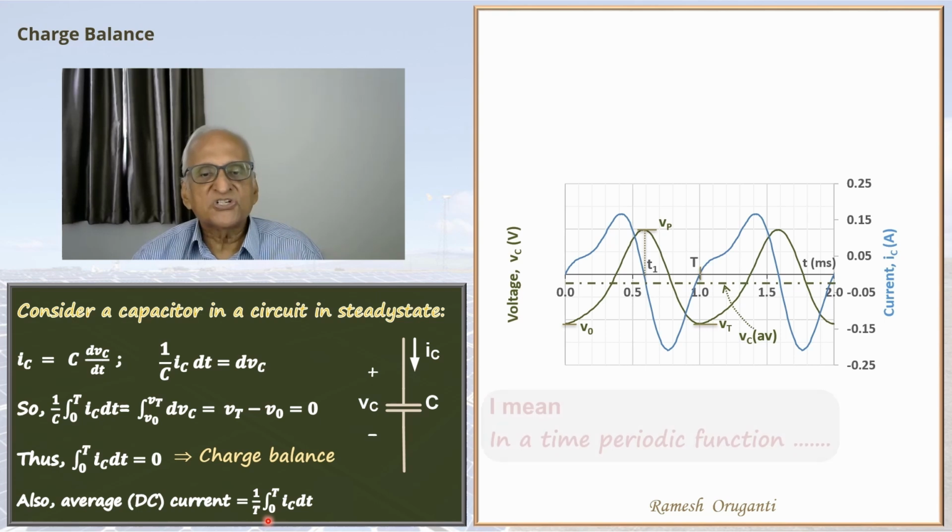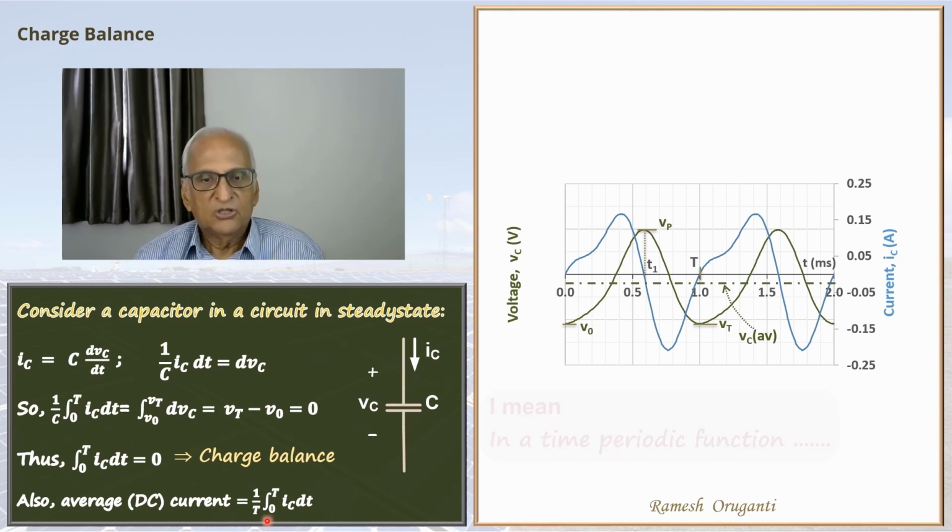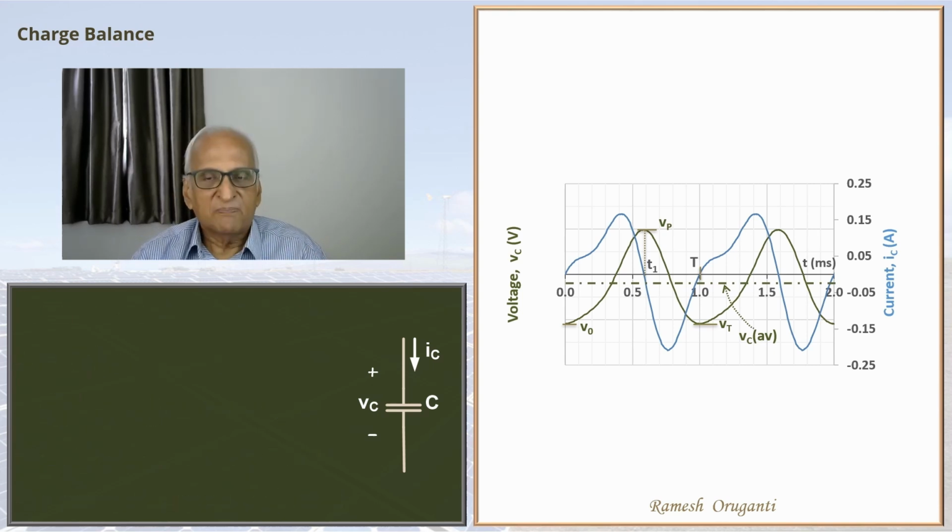In a continuous function, you integrate the function over a whole period and then divide the integral by the period. Now this integral 0 to T IC dt, that is our charge balance expression, and that is 0. So average DC current is 0 in a capacitor under steady state. Whether we talk of charge balance or the fact that capacitor cannot handle a DC current under steady state, both mean the same.